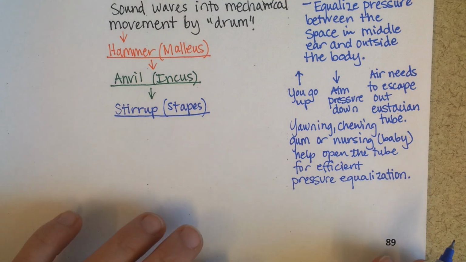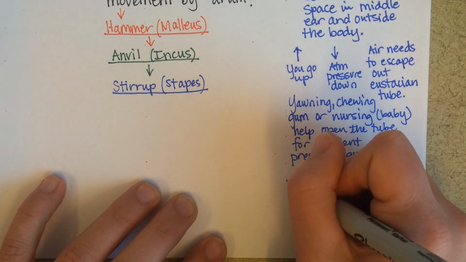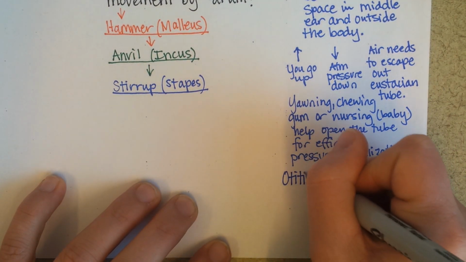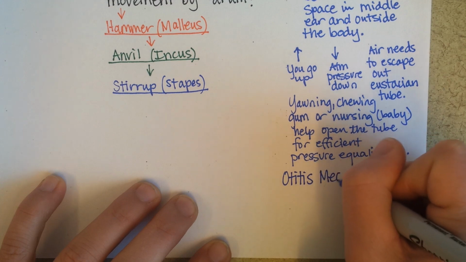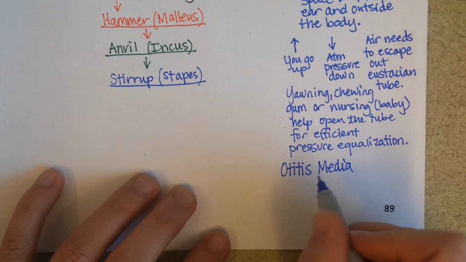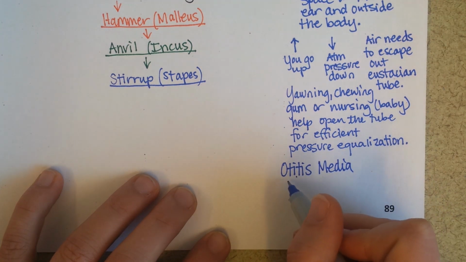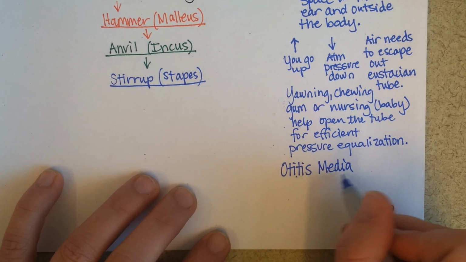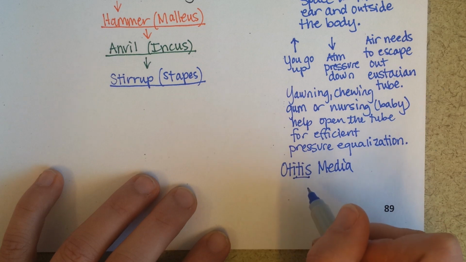And then otitis media, or middle ear inflammation. So you see three words in here. Ota means ear, media means middle, and itis means inflammation.